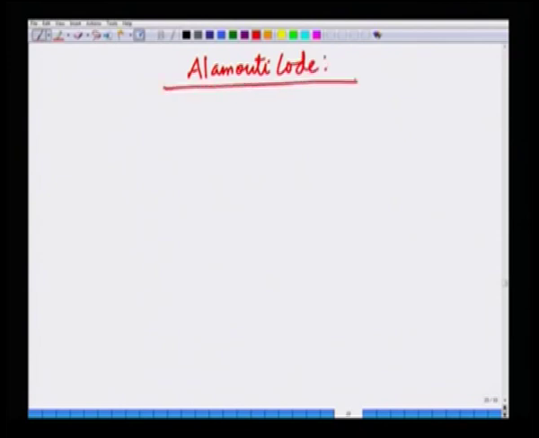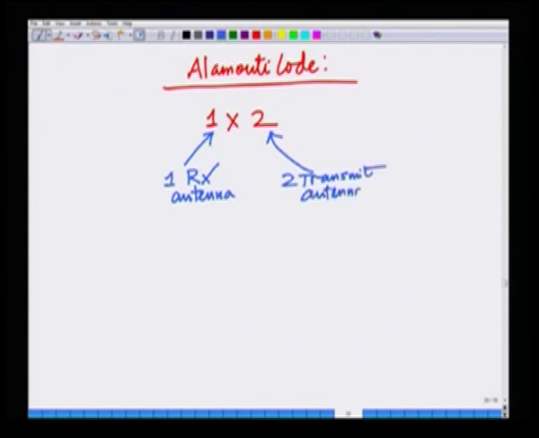It is a 1x2 system, which means one receive antenna and 2 transmit antennas. We consider 2 symbols, x1 comma x2.